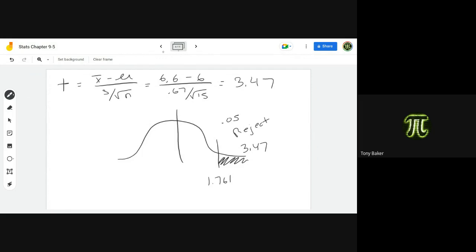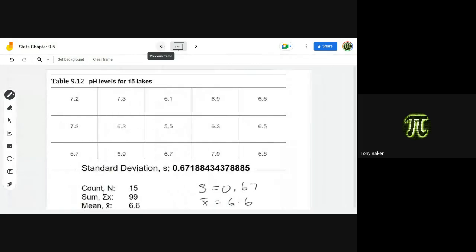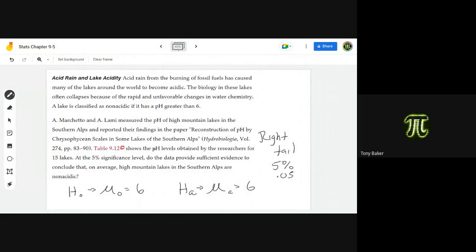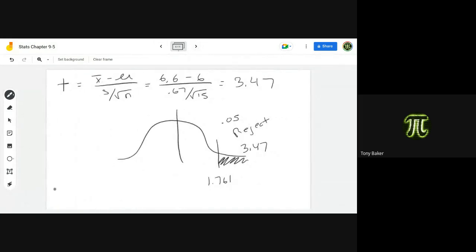So in this case, what we've now shown is that our lakes are classified as non-acidic. Six, so are acidic.